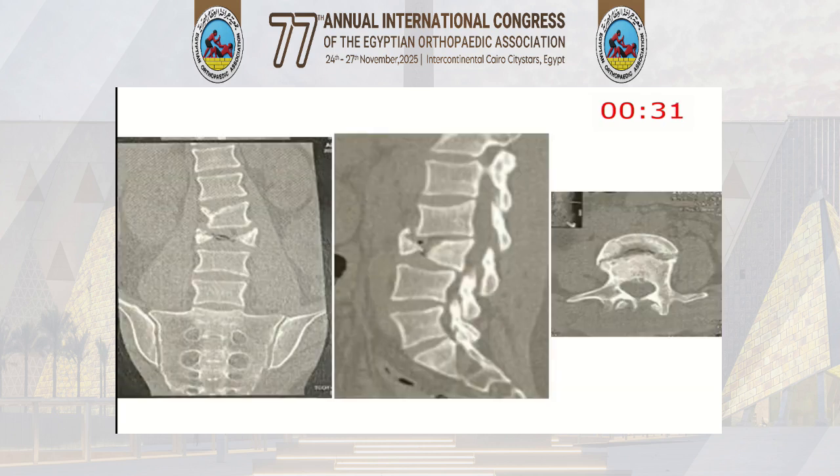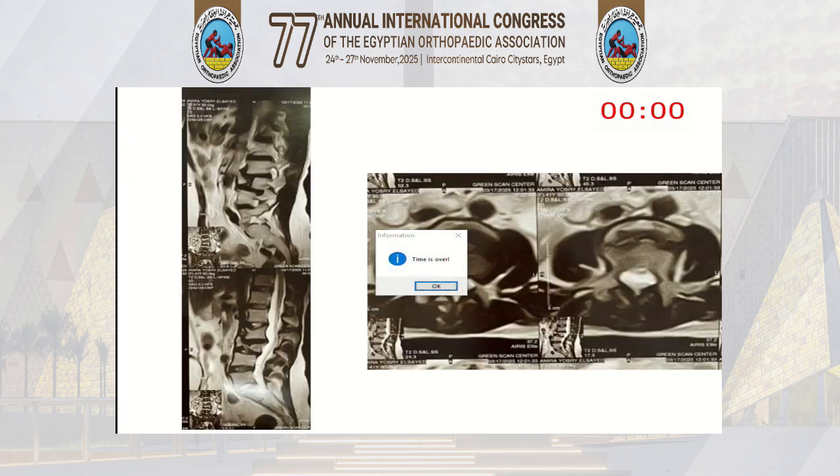This is the CT. So an A2 fracture is not a simple fracture as some people think, and I was one of them. It is very dangerous, and I don't know why the AO put A2 fracture before even A3 fracture. It's completely split with much kyphosis, with scoliosis, and this fracture is not going to unite, with progressive kyphosis.